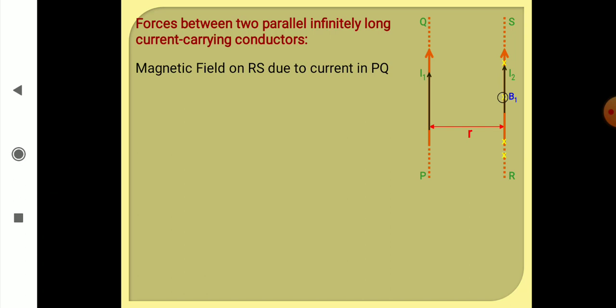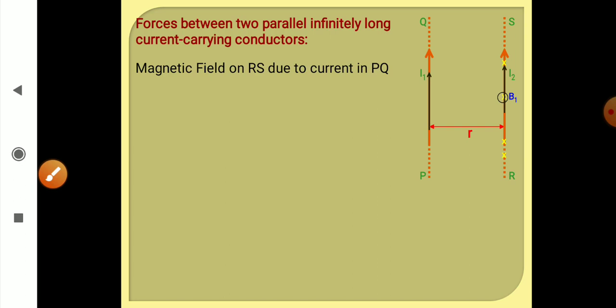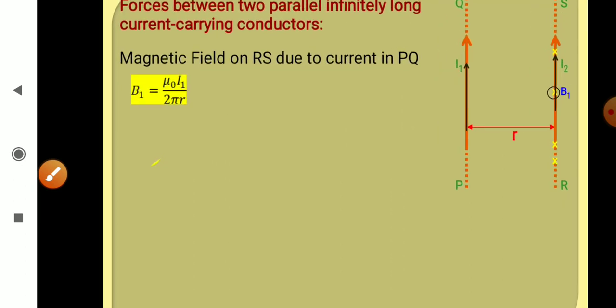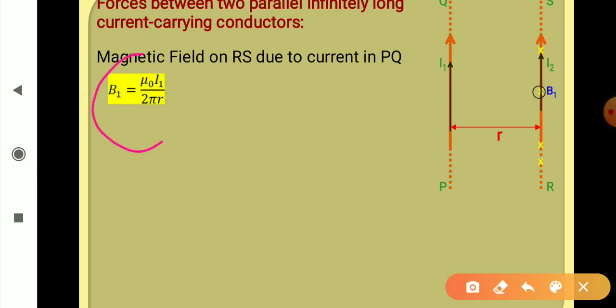So we can assume that this RS is placed in uniform magnetic field B1. Now the value of this magnetic field, you know this relation, this B1 is mu naught I1 upon 2 pi R. So this B1 is produced by PQ, right?